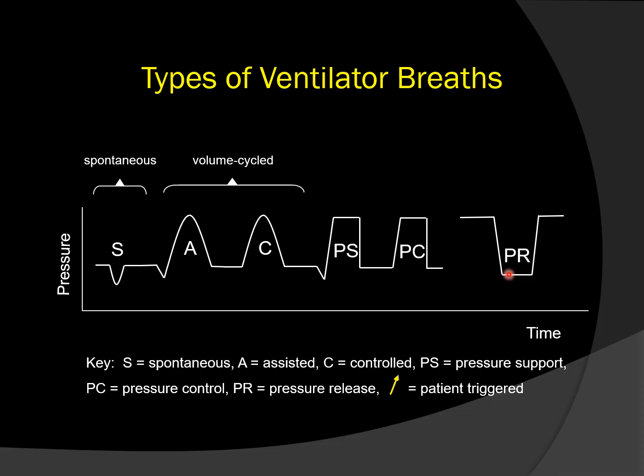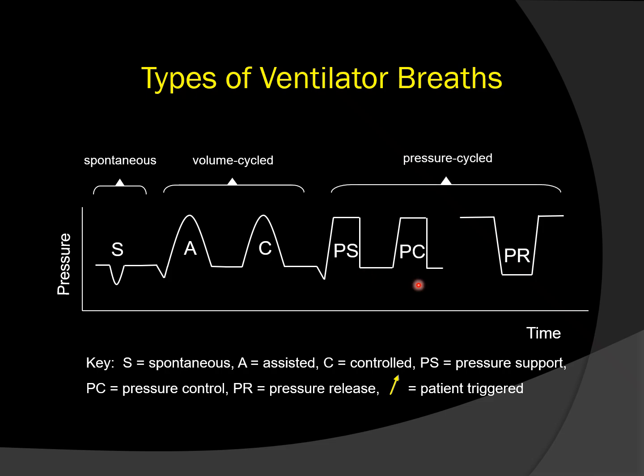So the timing might be 15 times a minute or every 4 seconds we get a release breath, but the release might only be for 0.5 seconds, a very short amount of time. These are called pressure release breaths, and we'll get more into when we use these pressure release breaths, but it's usually for patients that have very severe oxygen problems, especially with ARDS or even COVID-19.